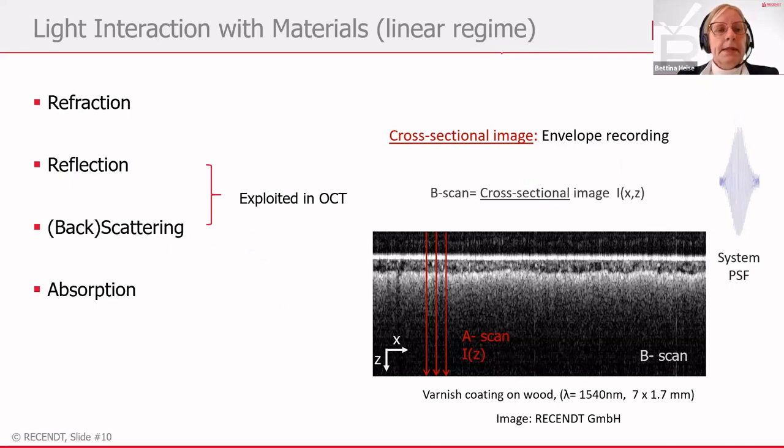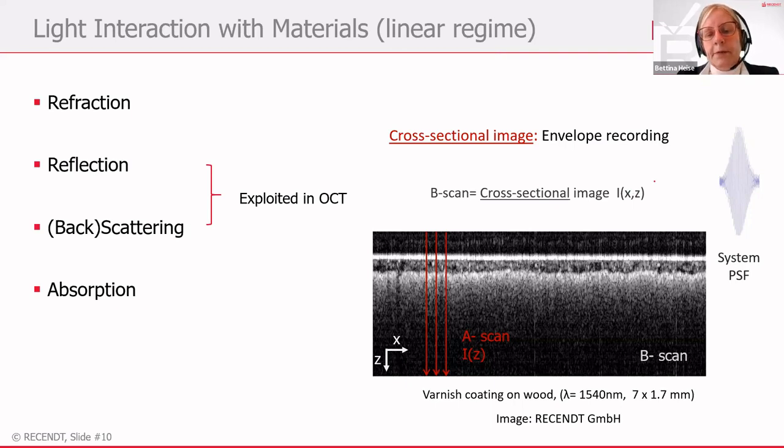What is mainly measured in OCT is the reflection, the strength of reflection and the runtime, how long it takes for the reflection to come back. That must be done in an interferometric way, as we have the speed of light, and partly we also have scattering. Additionally, we have refraction and absorption within the material, but the typical image for OCT is what you can see here on the right.